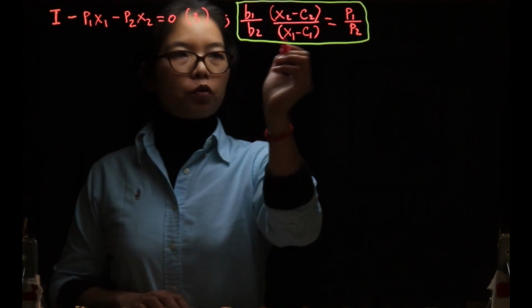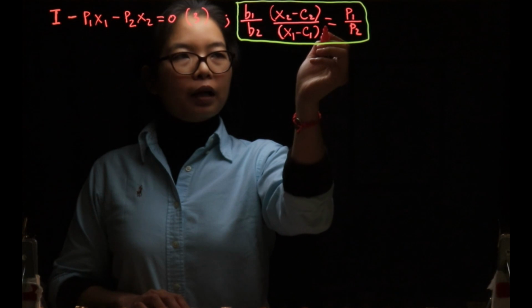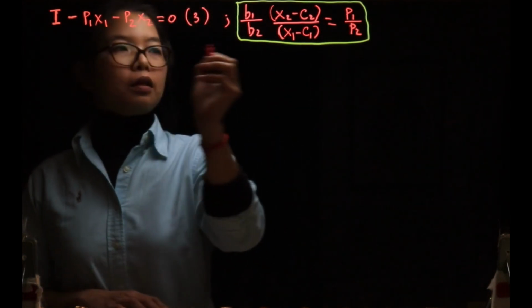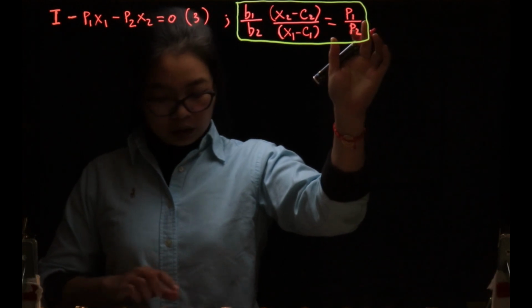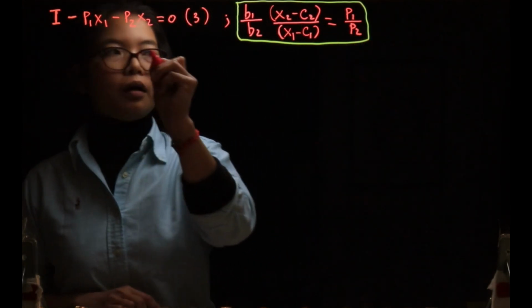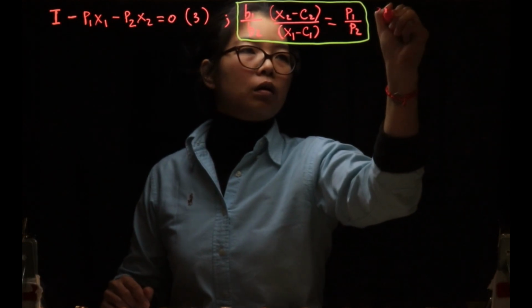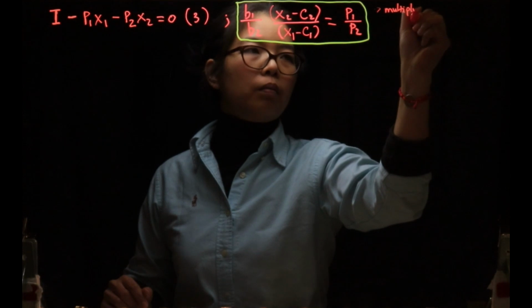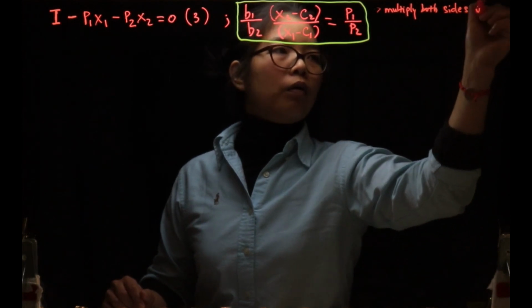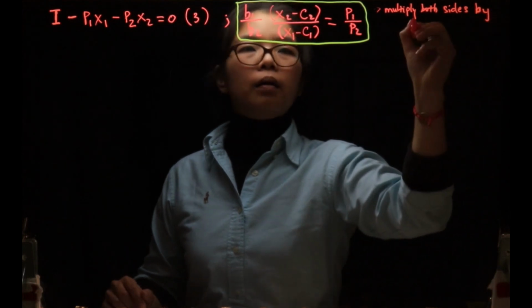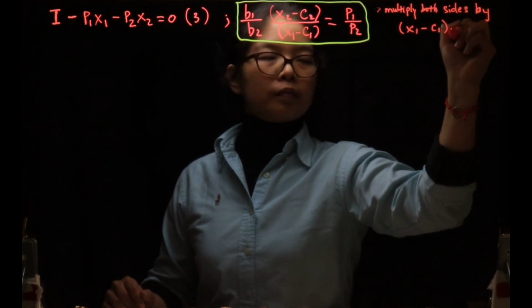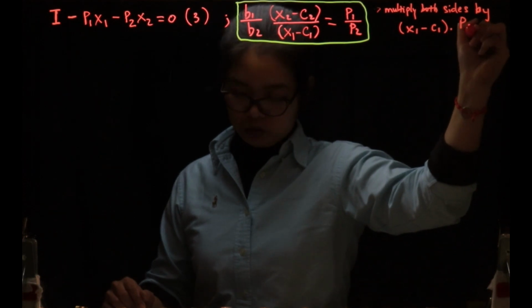We could, for example, multiply both sides by x1 minus c1, and at the same time also multiply both sides by p2 and b2.